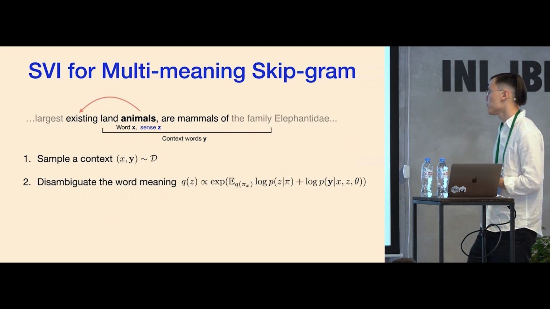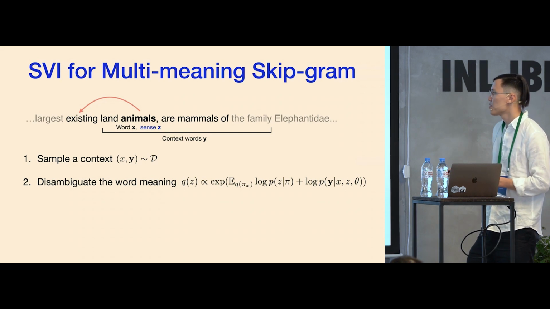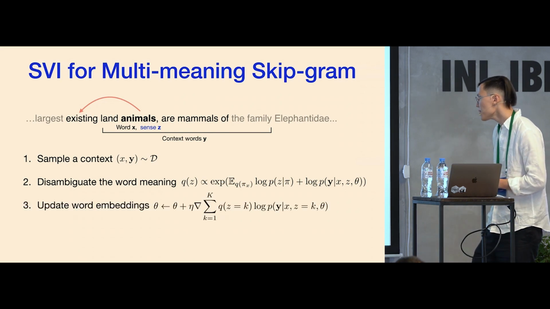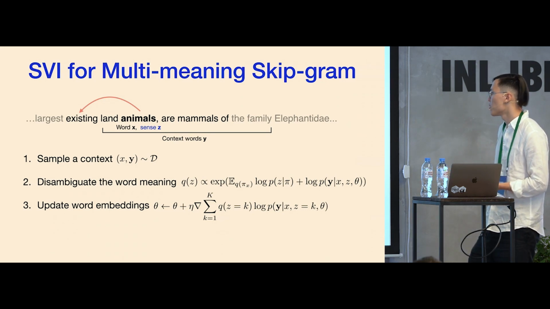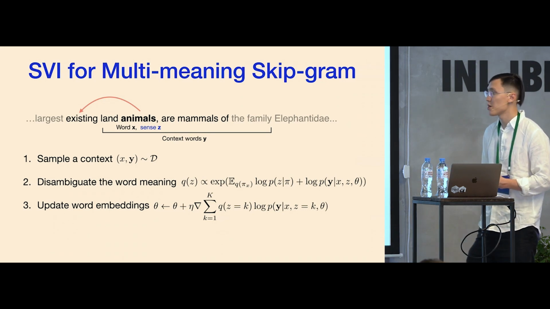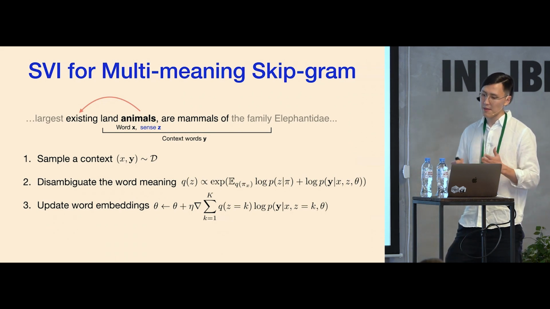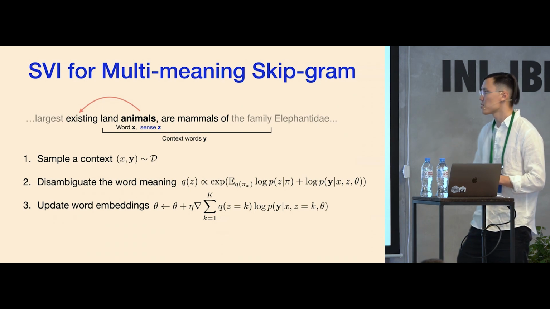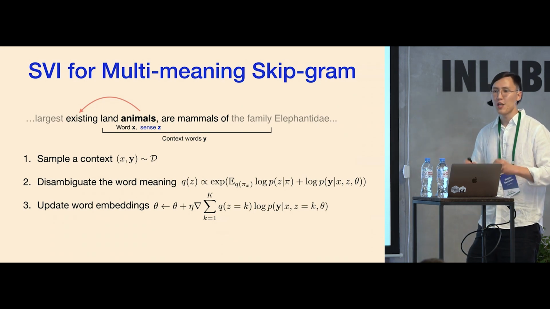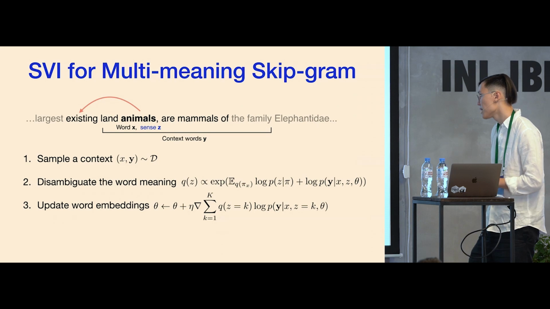We already have a formula for that, so we simply compute this distribution Q of z. Then we update our word embeddings using the weighted skip-gram prediction model. You can think of this as training the same skip-gram model, except we are selecting on which context we train each of the input embeddings.